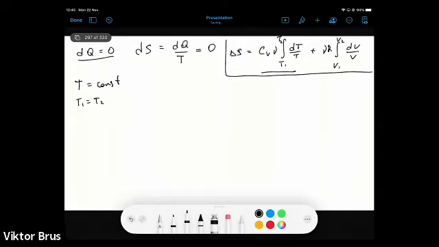Means that this integral from T1 to T2 dT over T will be equal to 0.